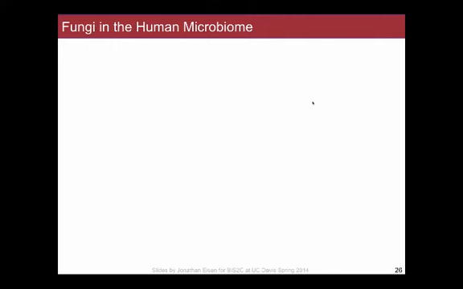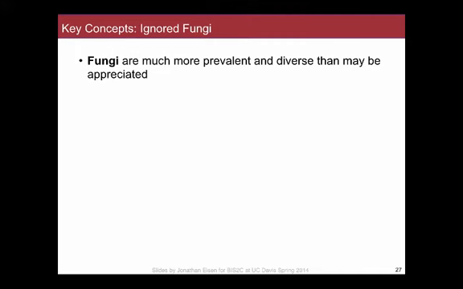But in the last few years, now that it's become easier and easier to do, in particular DNA sequencing, people have looked at a diversity of other organisms, including microbial eukaryotes and also fungi. And it turns out that we are covered in many fungal species or fungal lineages that were very poorly understood until the last few years.